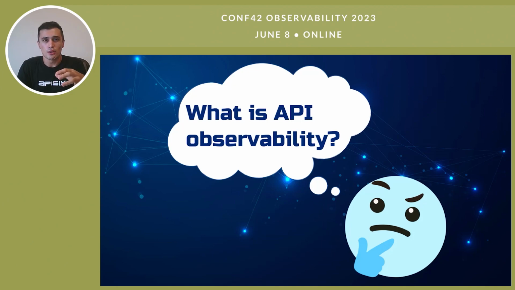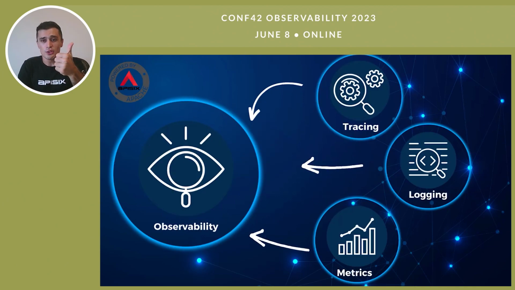API observability is also the ability to understand the system behavior and investigate the interactions between your application's components. It provides for your APIs things like tracers, metrics, and loggers.